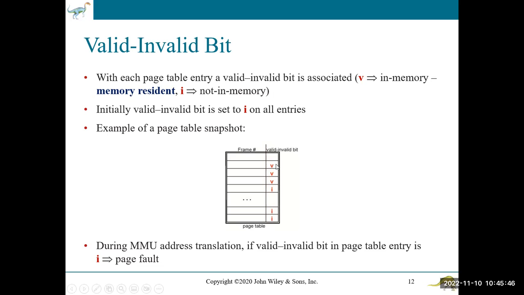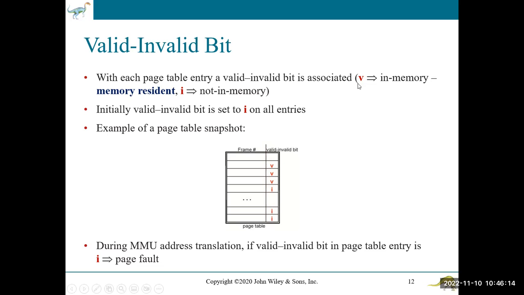Part of the attributes tracked in a page table is whether something is in memory or not in memory. V would mean that that particular frame and page is active in memory. I would mean not in memory. I could mean idle in this case, right?